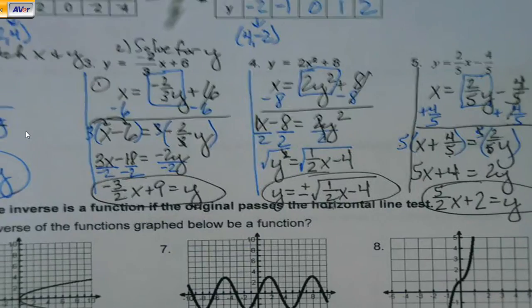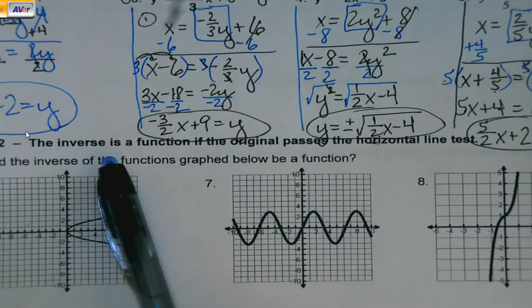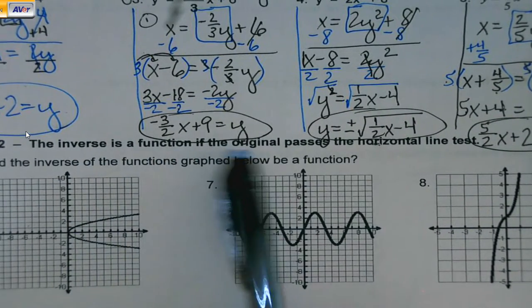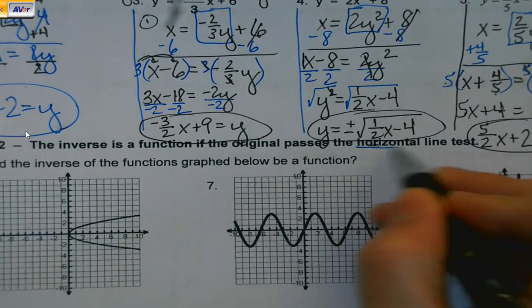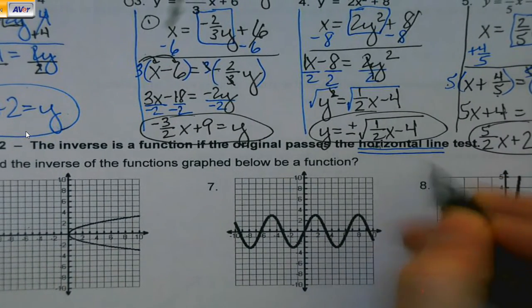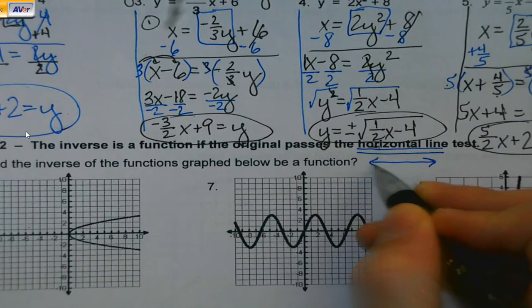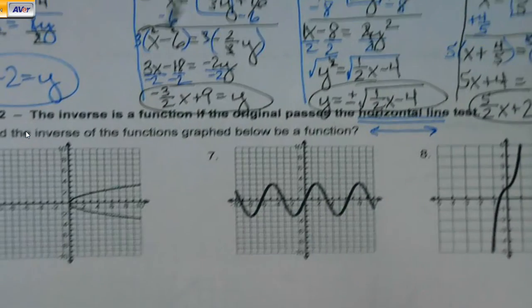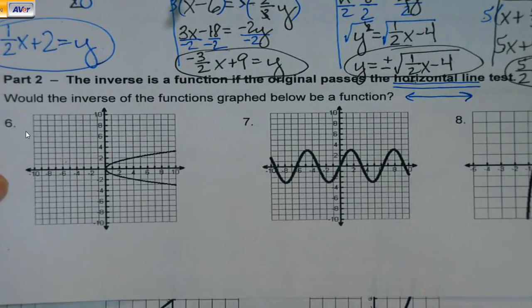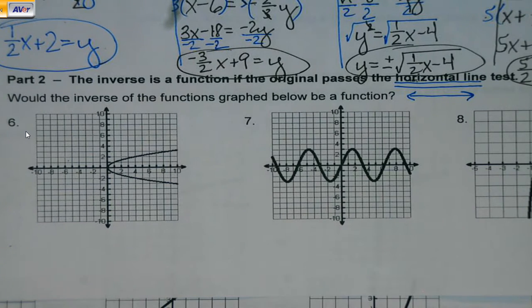Now, down here it says the inverse is a function if the original passes the horizontal line test. Again, horizontal is side to side. Okay, we did the vertical line test before. We were trying to figure out if our function, if it was a function. Now we're testing for the inverse.